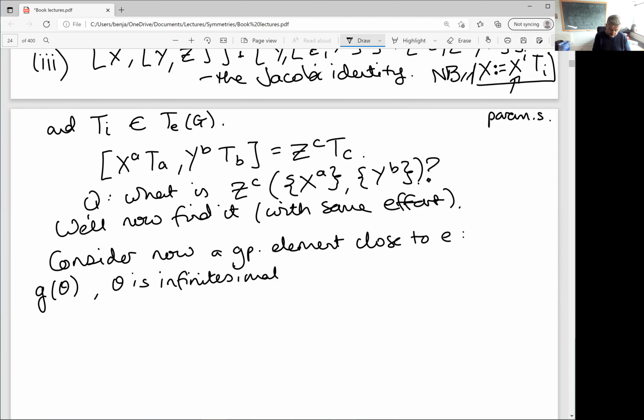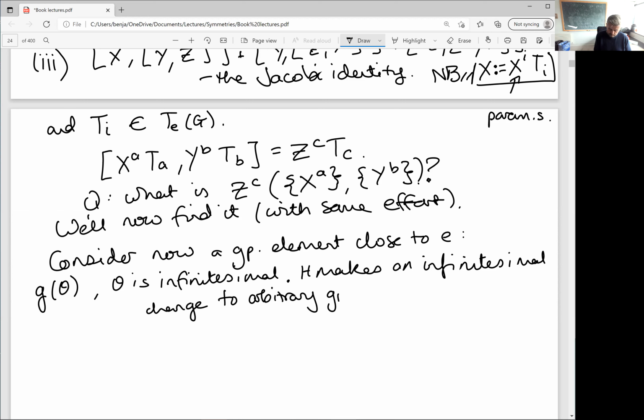So this g of theta is going to make an infinitesimal change in an arbitrary group element. We'll just call this arbitrary group element g of z.